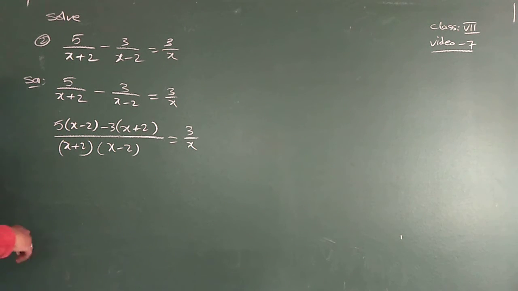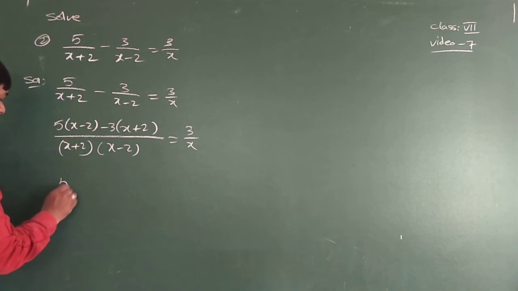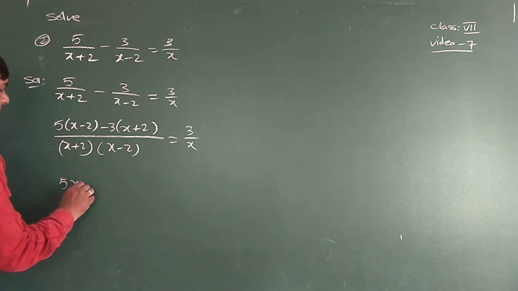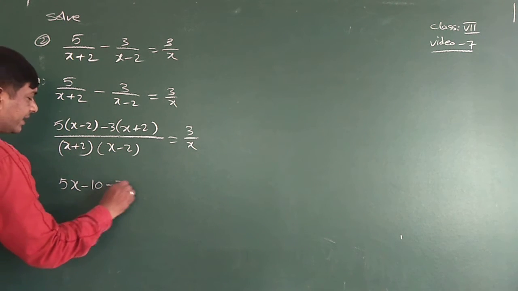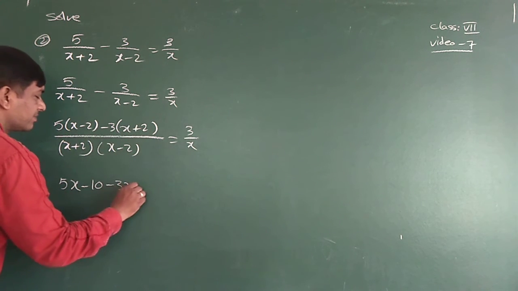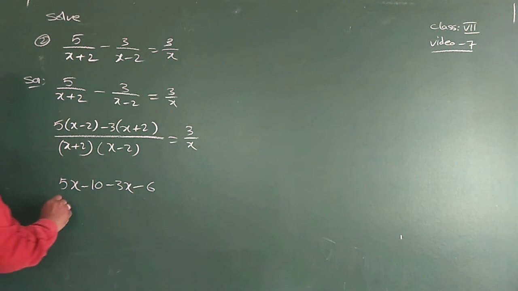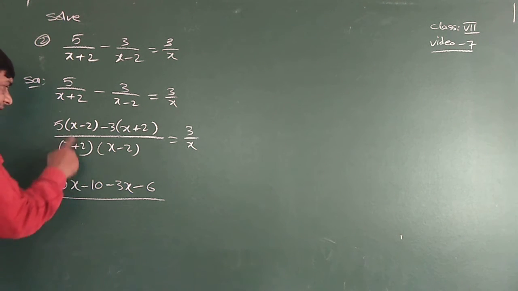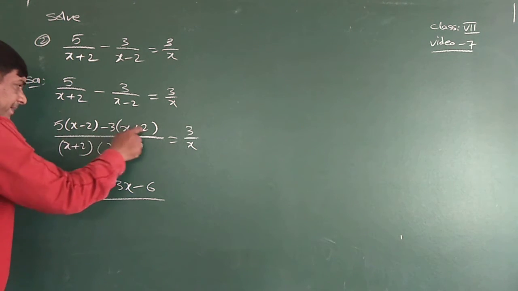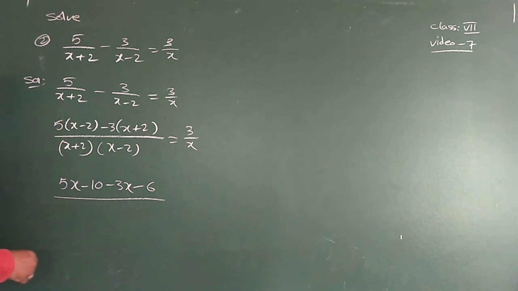Now 5 into x is 5x, 5 into minus 2 is minus 10; minus into plus is minus, 3x; minus into plus is minus, 3 2s are 6, over (x + 2)(x - 2).